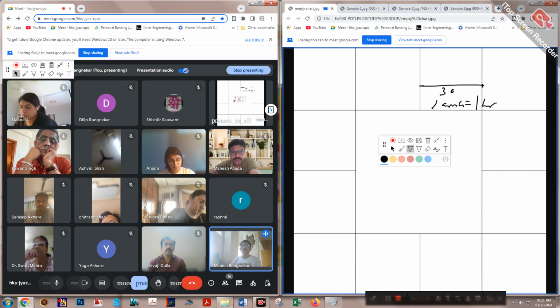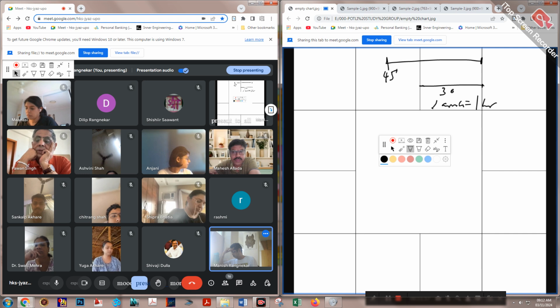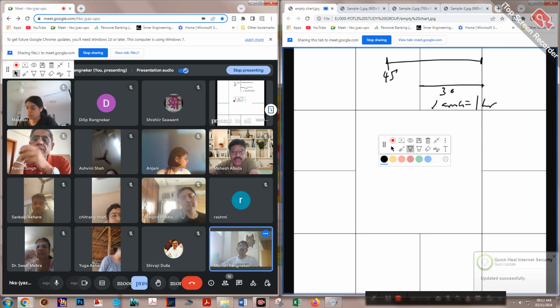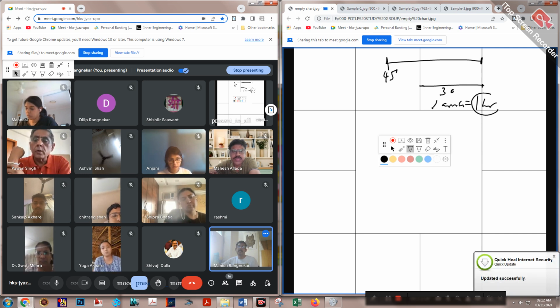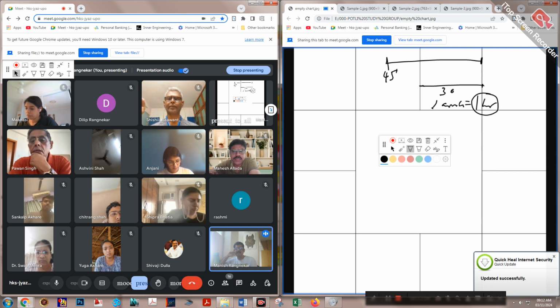The actual funda is that if let us say this is 0, it travels 45 degrees in 1 hour. 30 degrees in 1 hour it goes. Okay. 90 minutes. One Rashi. 1 hour. 45 degrees. Yes, sir, one Rashi, 1 hour.